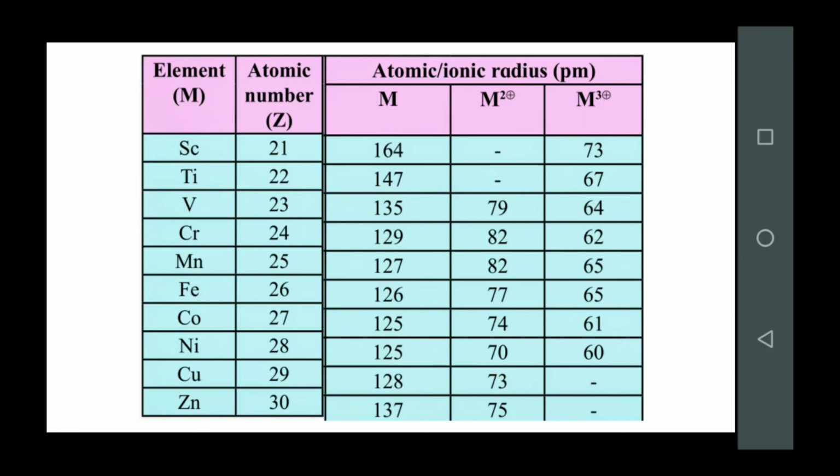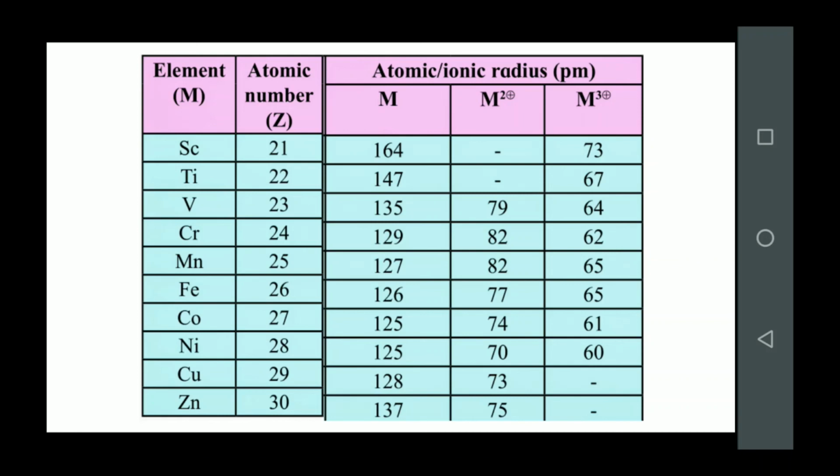It still has 23 protons in the center, but the number of electrons is reduced. +2 oxidation state means loss of 2 electrons. So in the +2 state, your nucleus becomes more powerful and the effective nuclear charge also becomes more powerful. Therefore the size decreases because now it can have more pull on the outer electrons.